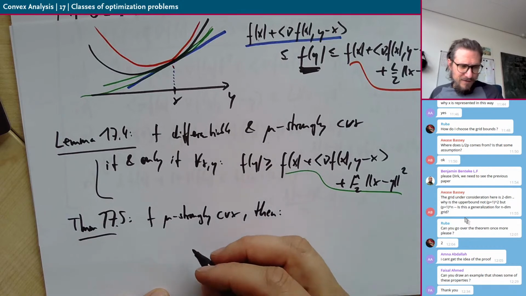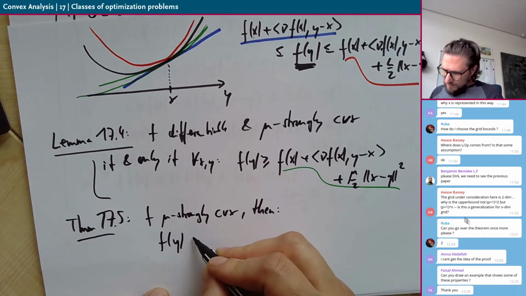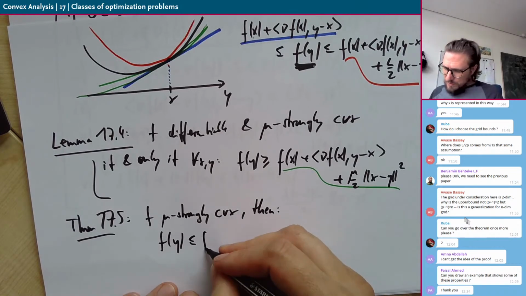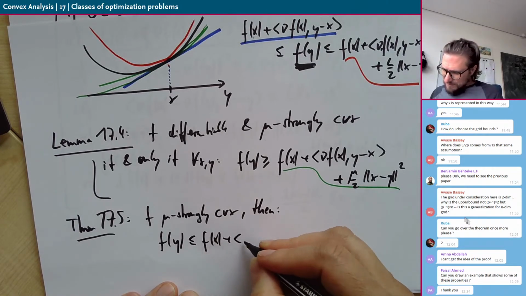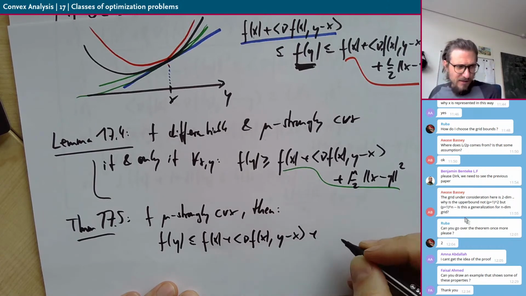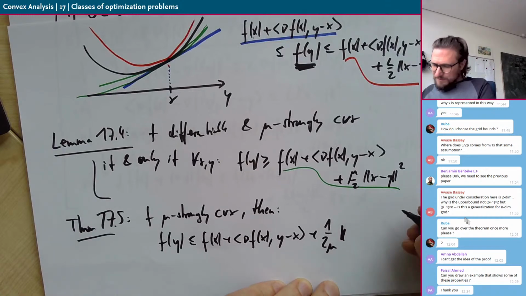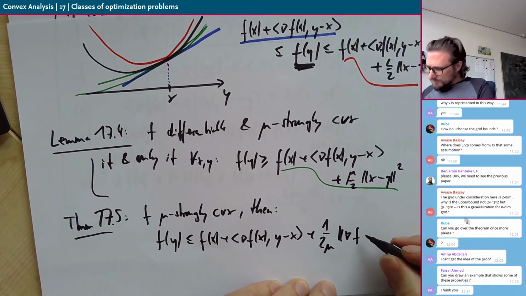The first thing is we also have an upper bound here, which is f of y is smaller or equal to f of x plus linearization. And then here I also have plus, now it's 1 over 2 mu, and here's the difference of the gradients.